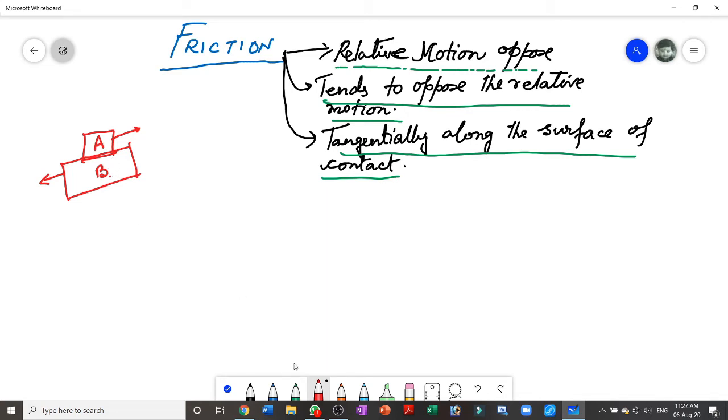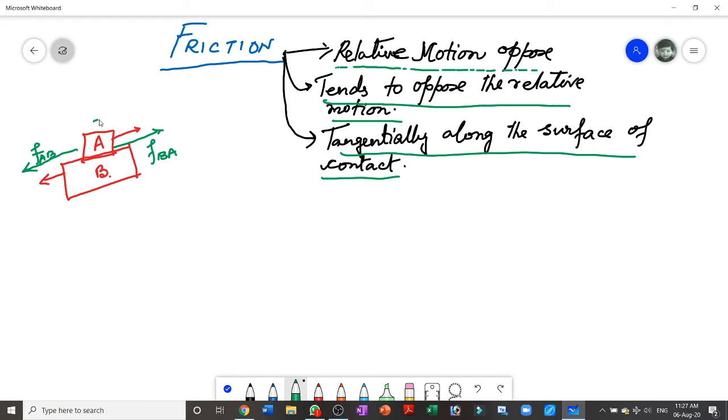Now the frictional force on A due to B will be along this side, and the frictional force on B due to A will be along this side.